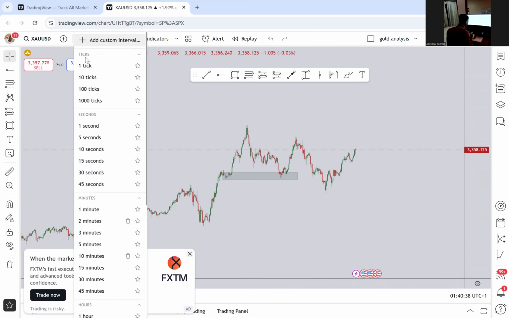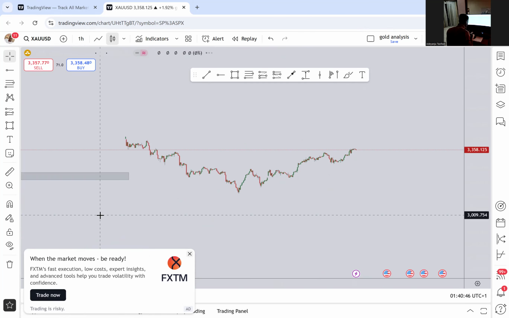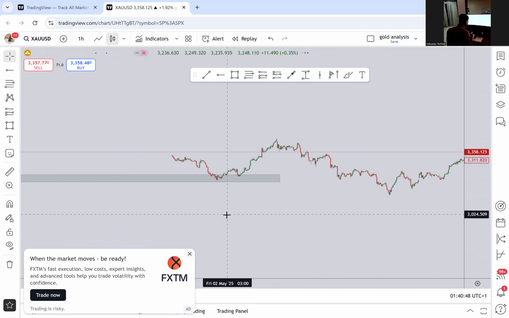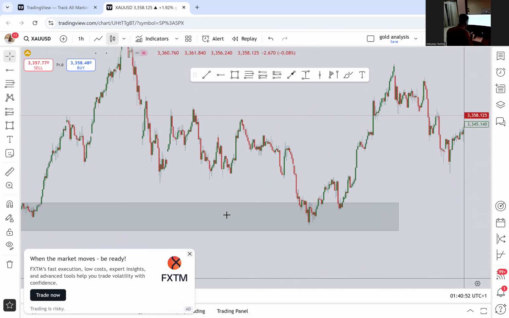I'll just switch my time frame from 4 hours to 1 hour, so we can explain this better here. So this is the demand level from the 4 hours time frame, and we can see that price has actually tapped this level. It tapped the demand level, and it tapped it out.